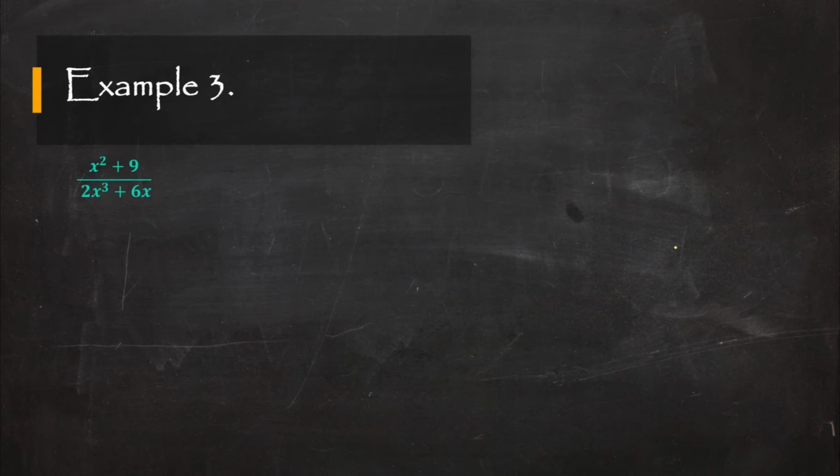Example 3. We have x squared plus 9 over 2x cubed plus 6x. So again, to recall here, for type 3, we're going to have ax plus b on the top. So first things first, we're going to write down the denominator. So here's my denominator.